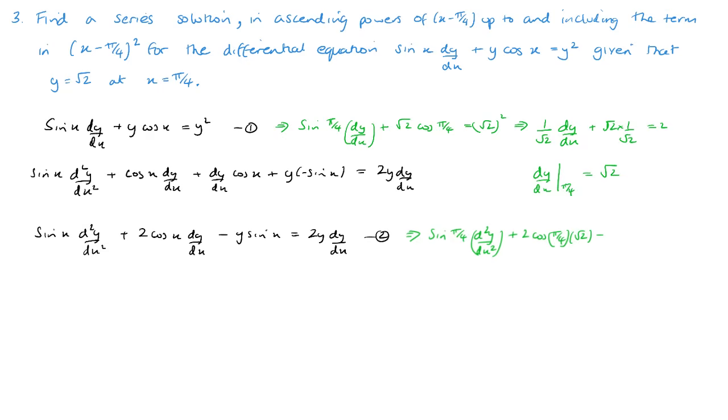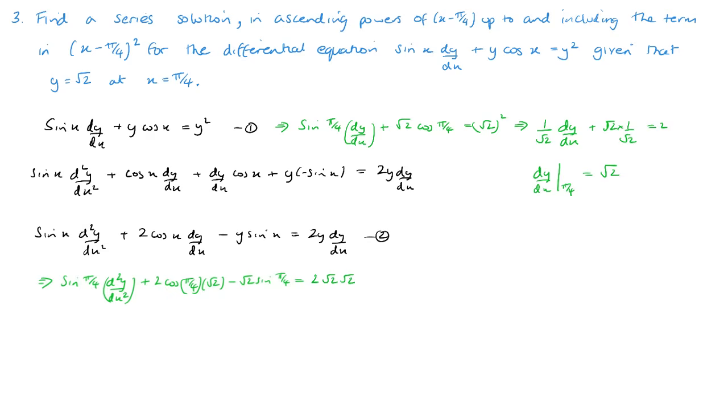So what was y? Root 2 sine pi by 4 equals, now I'm running out of a bit of room here, so I'm just going to move this underneath, so I've got plenty of room. So 2 times root 2 times root 2.